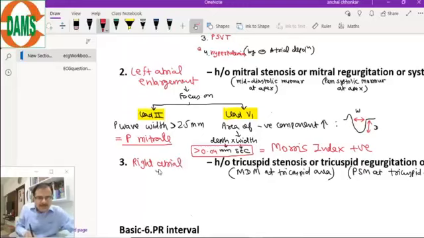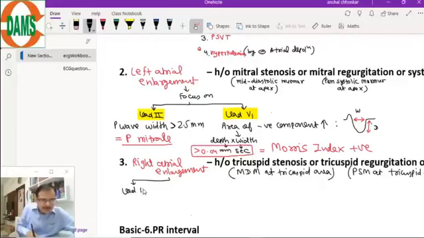Now I will focus on two ECG leads, and these leads will be lead 2 and lead V1.